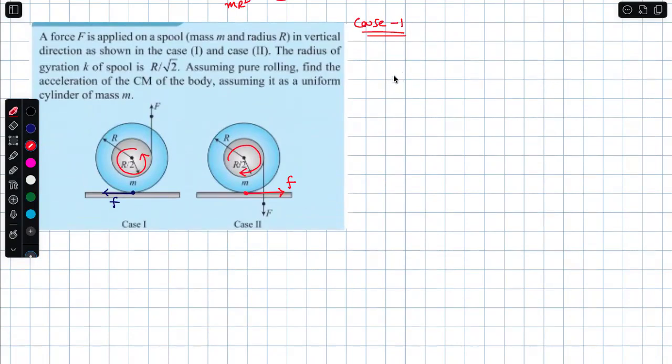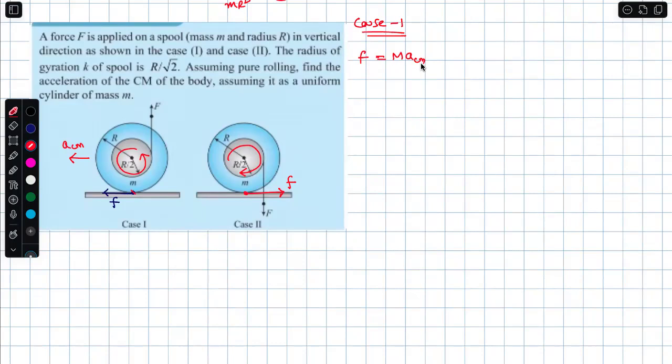In this case, F supplies the acceleration of the center of mass, and this is the direction of acceleration of center of mass because this is the only force. Therefore, F is equal to M A_CM. Any doubts?